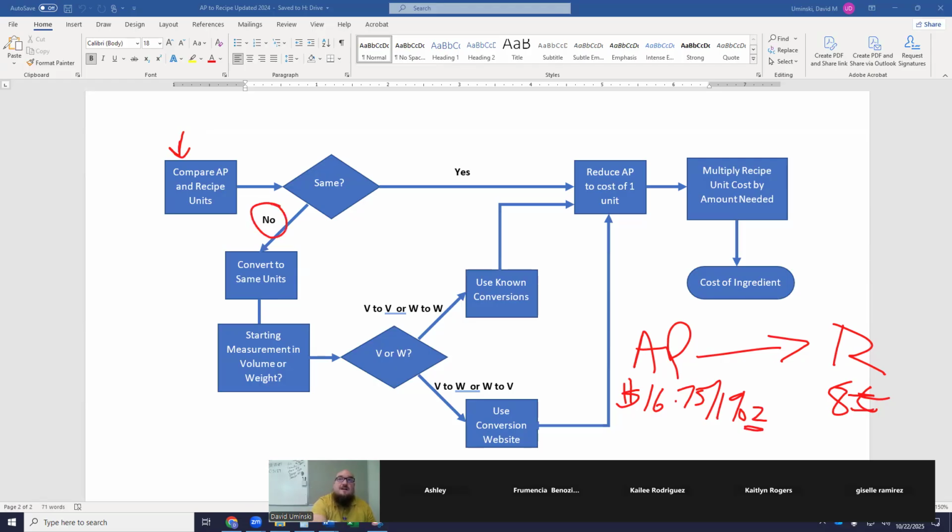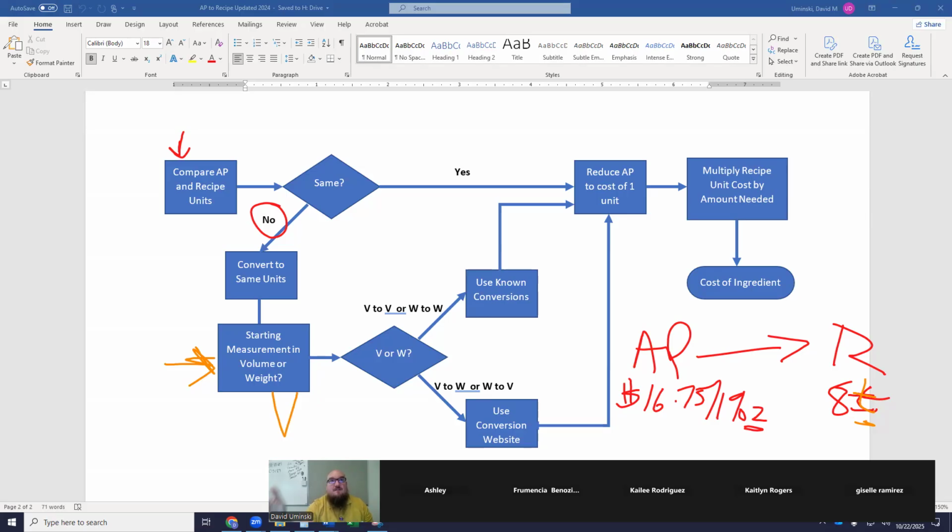So now I'm going to come down here and I have to convert to get the same units. Okay, so is my starting weight right here in volume or weight? Sorry, a teaspoon is volume. Okay, so teaspoons is volume.